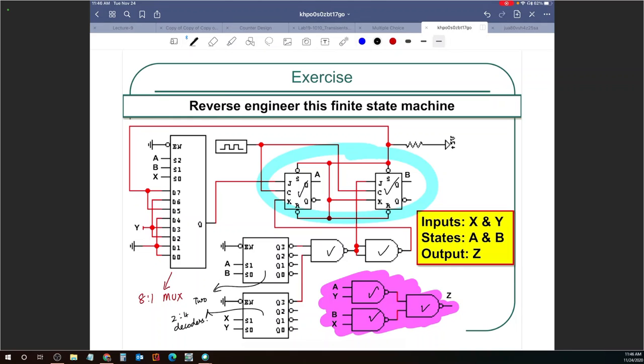And this 8:1 mux, if you go back and look at what you did for your midterm exam, you actually analyzed a very, very similar 8:1 mux. You essentially wrote the expression for the output in terms of the inputs A, B, X, and Y. You did that in one of your exam 2 problems. So you can check that.